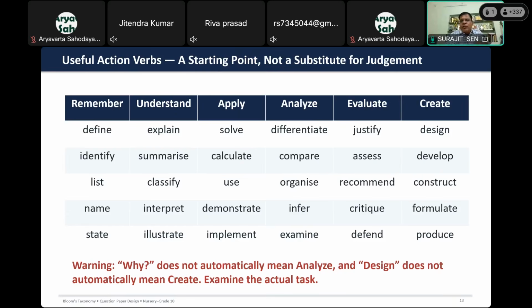Examine the actual task. Don't just directly answer the question and try to get the answer. So these are the different types of verbs you can use at different levels of making the question paper: remember, understand, apply, analyze, evaluate, and create, and you can go on making questions.